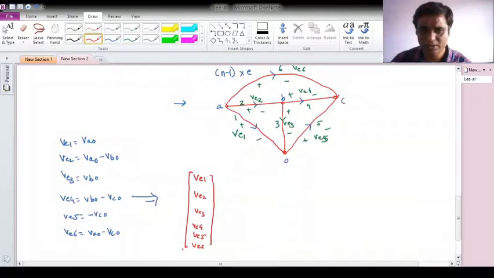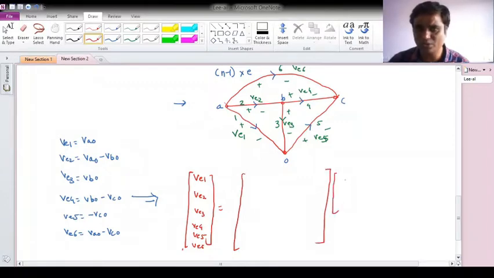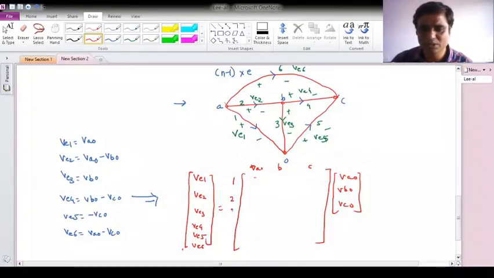Then let us express this in terms of node voltages, which are VAO, VBO and VCO. Okay, and fill in the elements of this. So VE1 will be simply VAO, so these are for the nodes VA, B. Previously the nodes were row wise, now here the nodes are column wise. Okay, 1, 2, 3, 4, 5, 6. Now rows are the elements or branches.